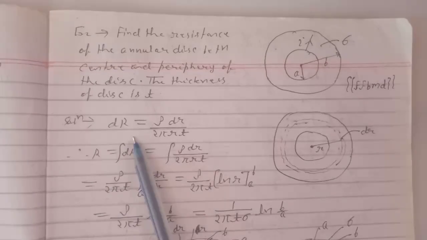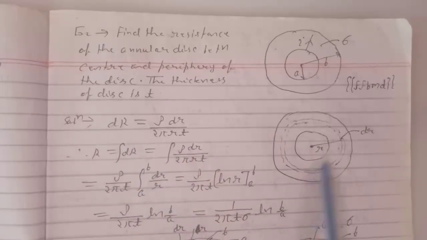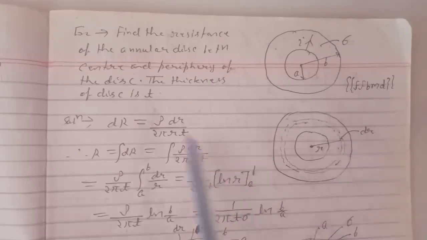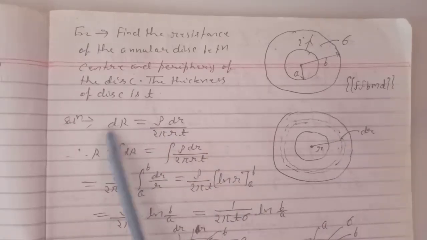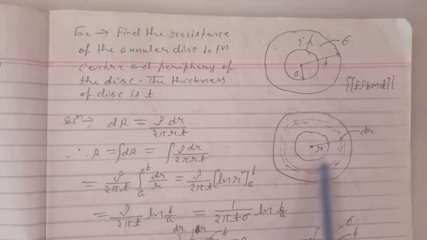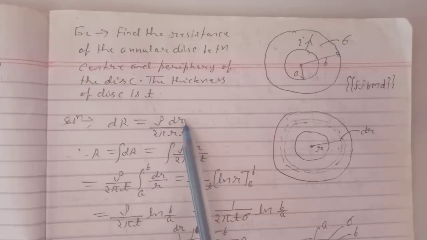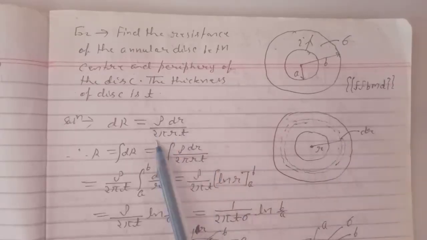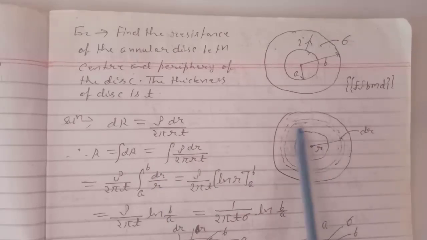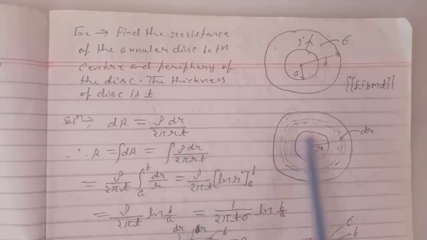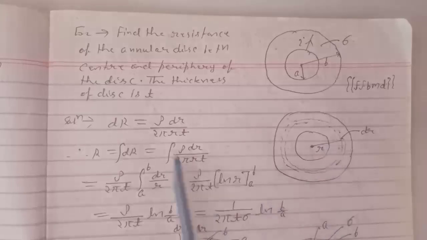Now if we consider an elementary ring at a distance r, then dR, that is the elementary resistance of this ring, will be rho into dr, because length will be in this direction, so dr, divided by 2 pi r into t, because length into width will give area, and the thickness of the disc is given.